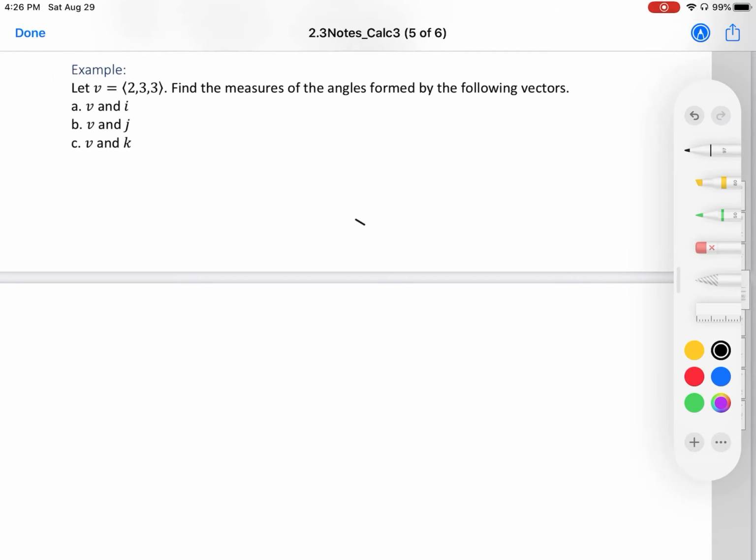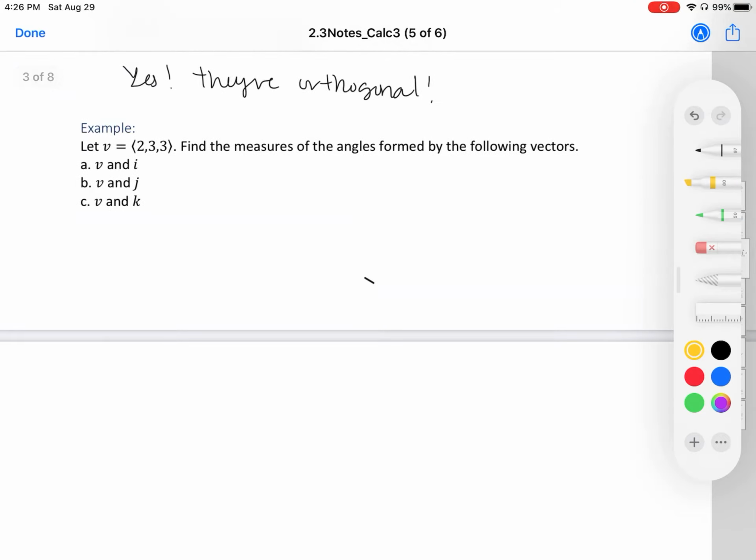Next example. Let v be 2, 3, 3. Find the measures of the angles formed by the following vectors. So v and i. Just in case this is weird, these vectors i, j, and k are the following vectors. So i would be 1, 0, 0. j would be 0, 1, 0.